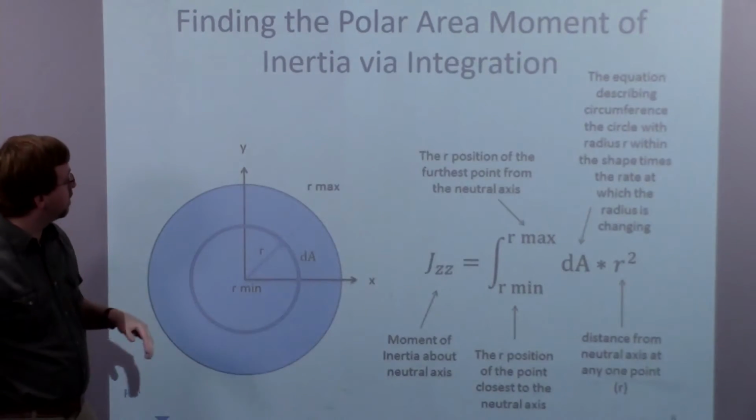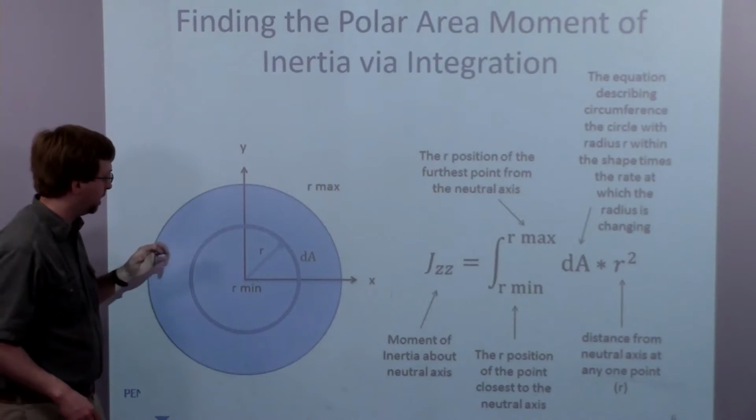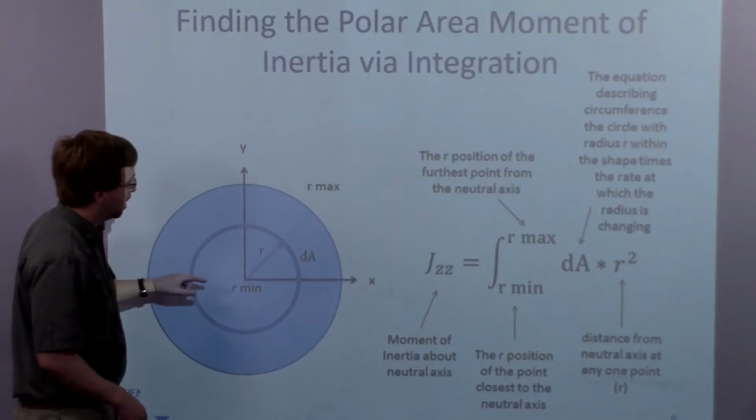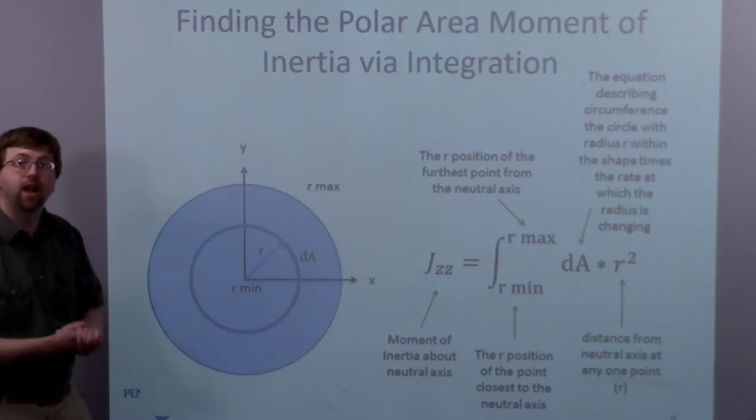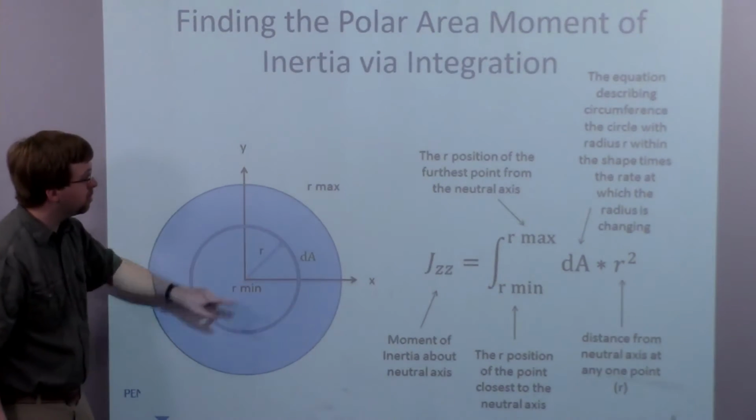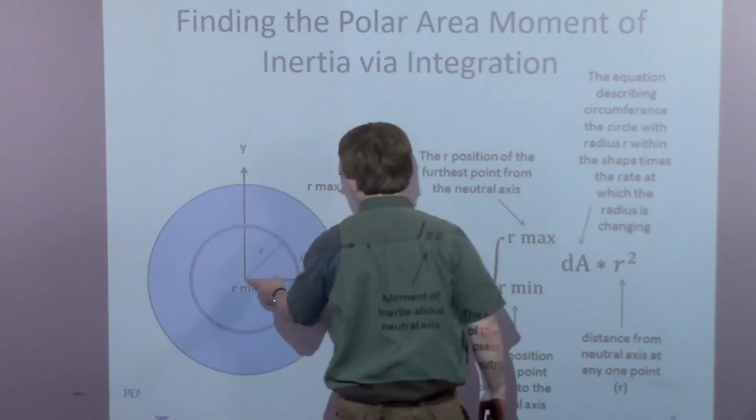All right, so we're going to go a little bit further and look at a diagram here. I've got a circular shaft, and if I want to find JZZ, the moment of inertia about the neutral axis, or the center point right here, I'm going to start at our minimum.